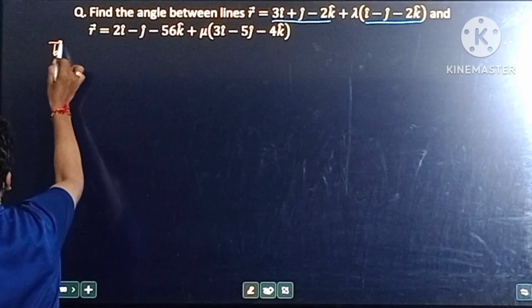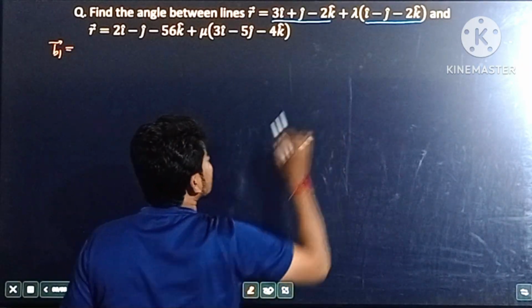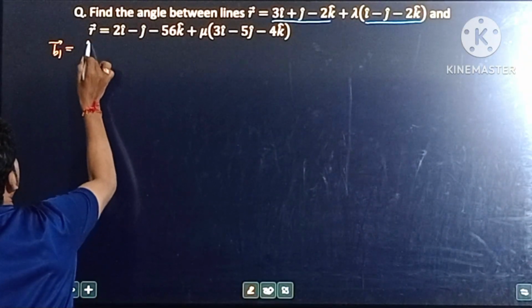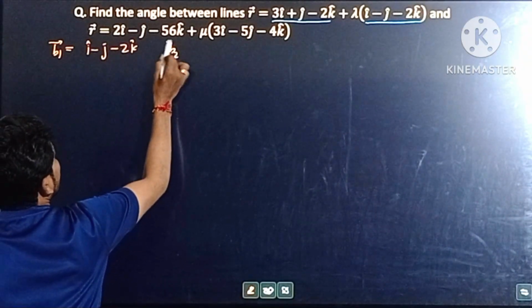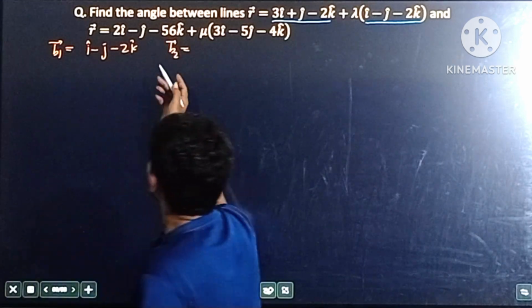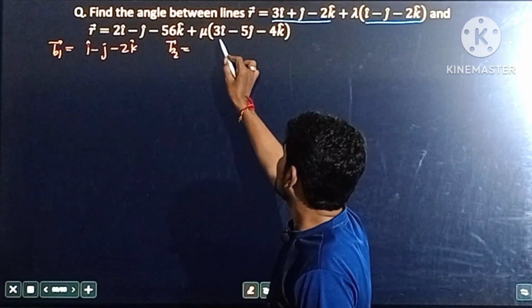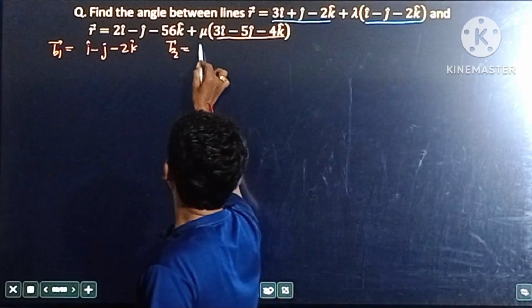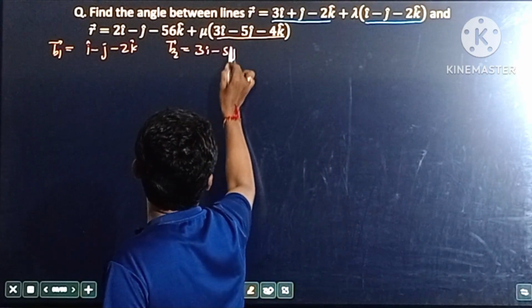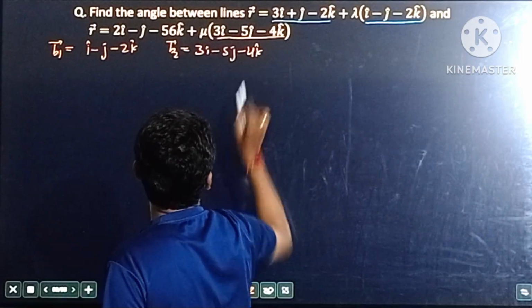Here the b1 vector is i minus j minus 2k. And for the b2 vector, compare the second line with the standard equation of a line. So b2 vector is equal to 3i minus 5j minus 4k.